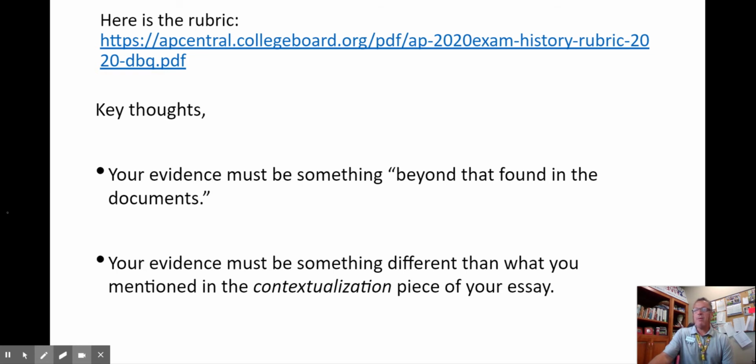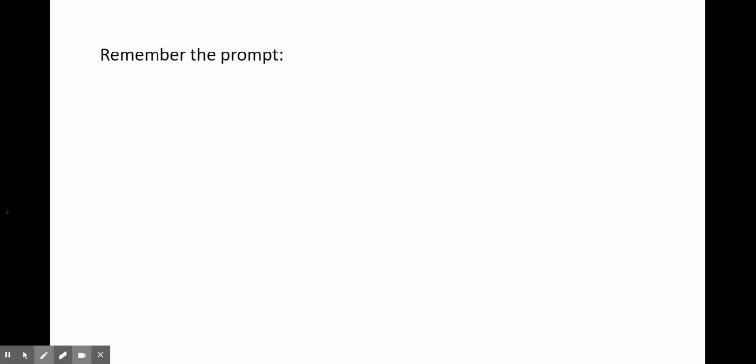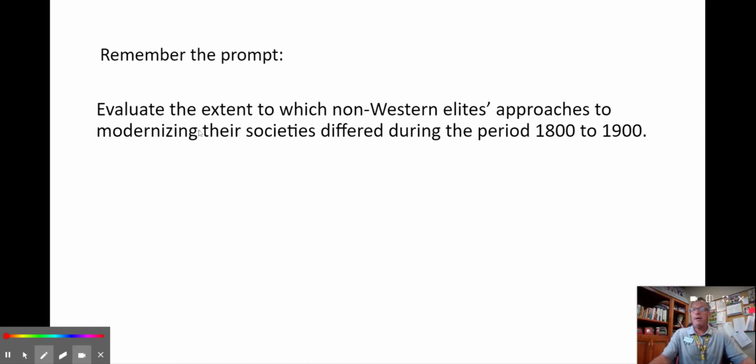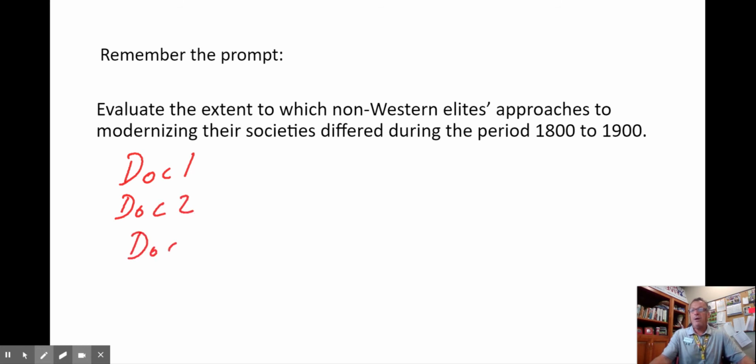But first things first, let's revisit the prompt: evaluate the extent to which non-Western elites' approaches to modernizing their societies differed. If you remember, Doc 1, Doc 2 and Doc 5 all had a positive approach.